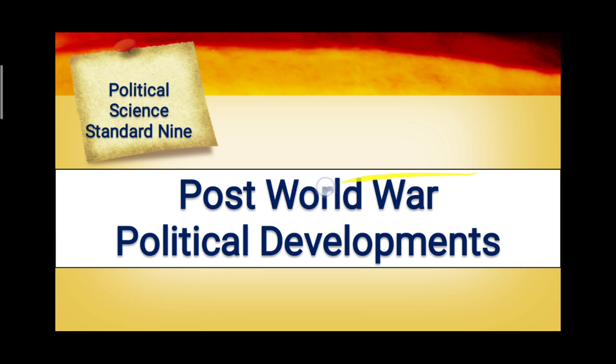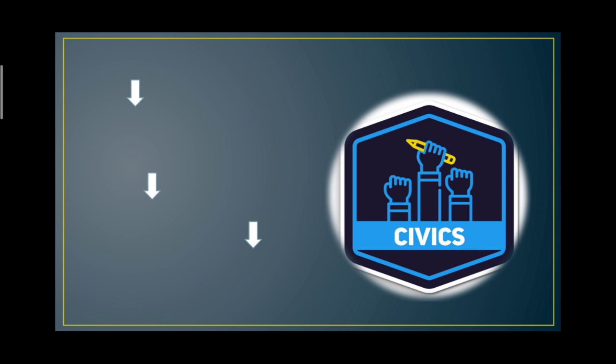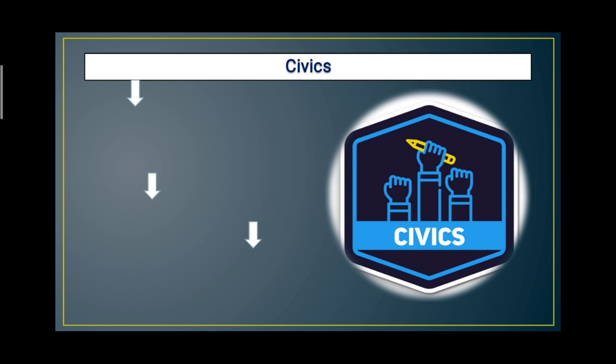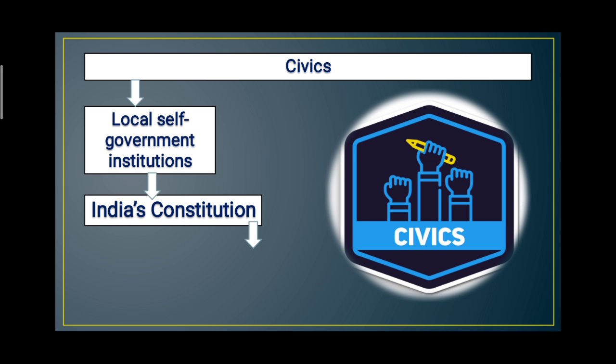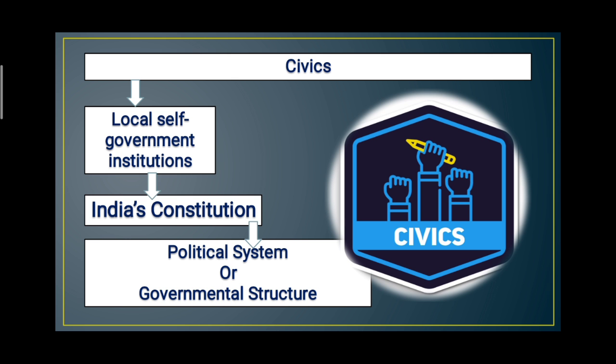But before that, let us try to understand the concept of political science, or what exactly we are going to study in this subject. In the civics textbook, till now we have studied local self-government institutions, India's constitution, and our political system or governmental structure.